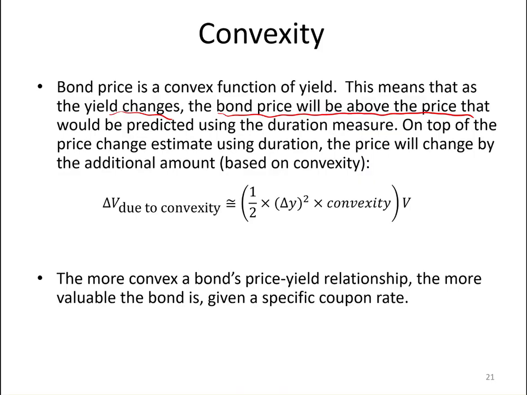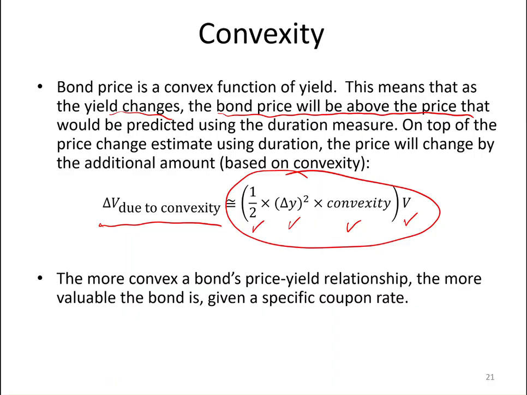If we estimate the price of the bond based on duration, we make a convexity adjustment. That adjustment is 1/2 times the change in yield squared times convexity, which we're going to measure in a minute, times the value of the bond. We're going to add this adjustment to minus duration times change in yield times value and come up with a better estimate of bond price.